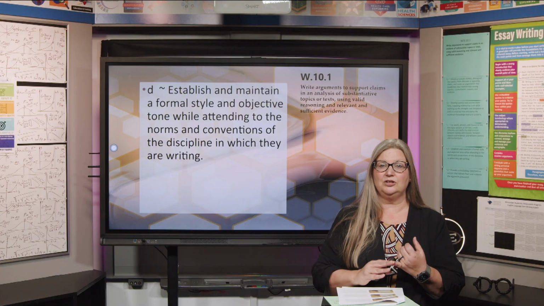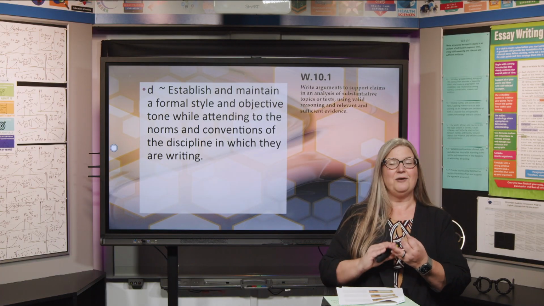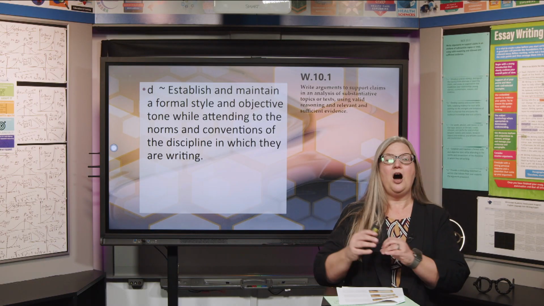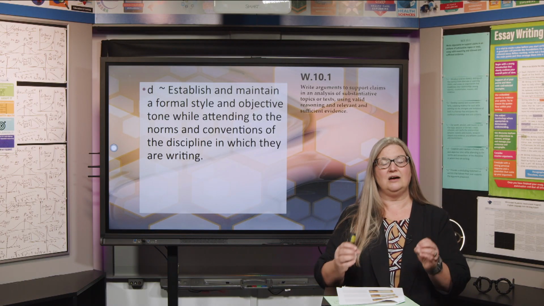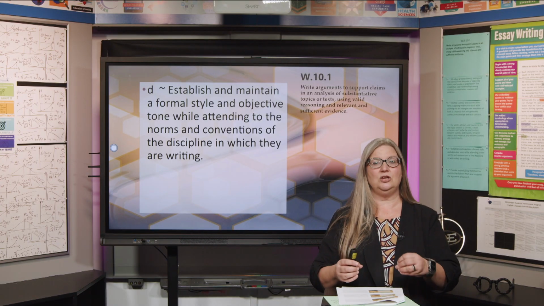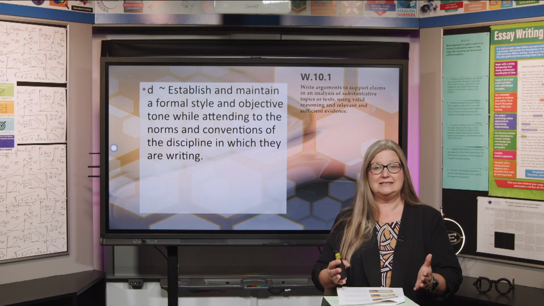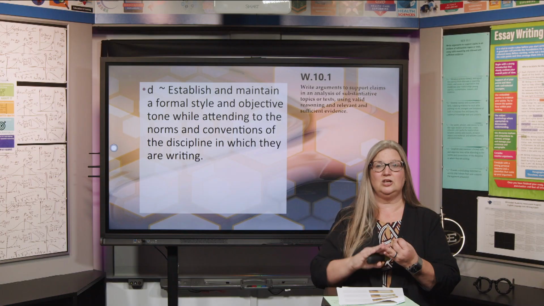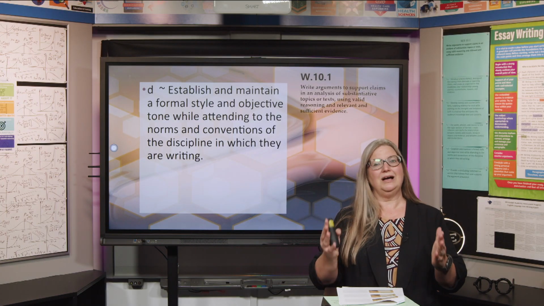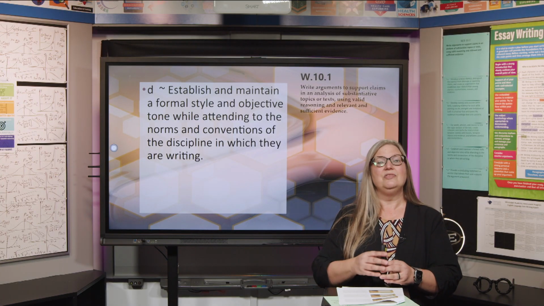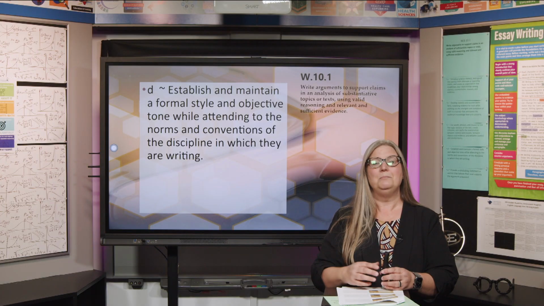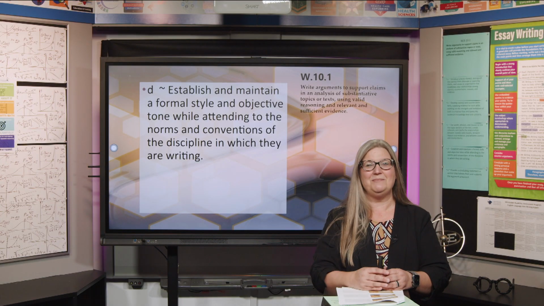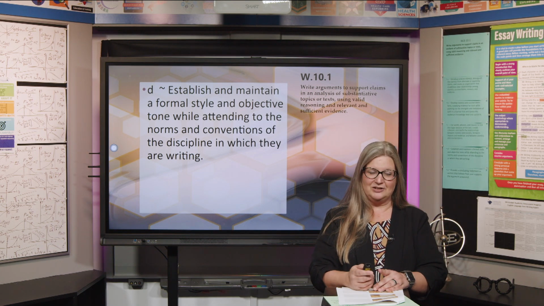You need to make sure that you're using your commas appropriately, when to use a semicolon, when to use capital letters. All of those things are the rules of the English language. And if you are using some type of word processing system, whether that's a Google Doc or a Microsoft Word document, that will help you make sure that your grammar and your spelling are correct, and that will help you meet this part of the standard.